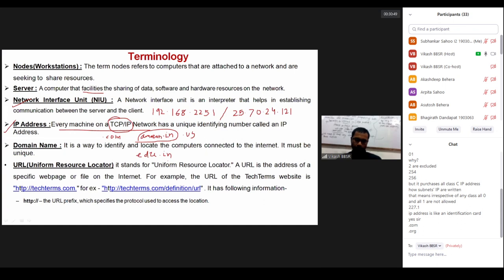For commercial purposes, they use .com, and for organizations, they write .org. These are called the domain name. From the domain name, you can identify which type of system or organization it is. Is that clear to all of you?